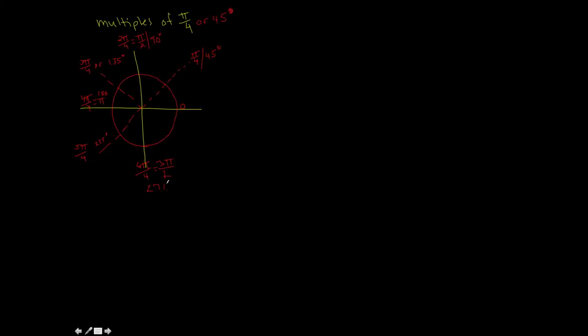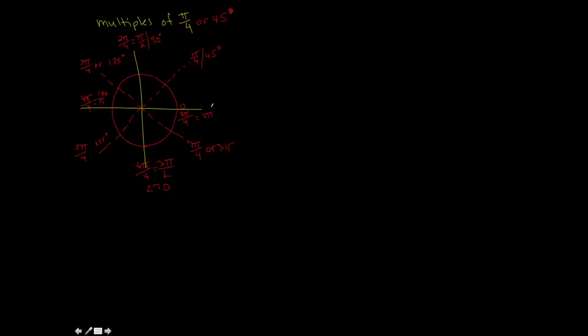Then we have 7 pi over 4, or add 45 more degrees, and that's going to be 315 degrees. And lastly but not least, you have 8 pi over 4, which is the same thing as 2 pi, or as we learned earlier, 360 degrees. So these are the multiples of pi over 4.